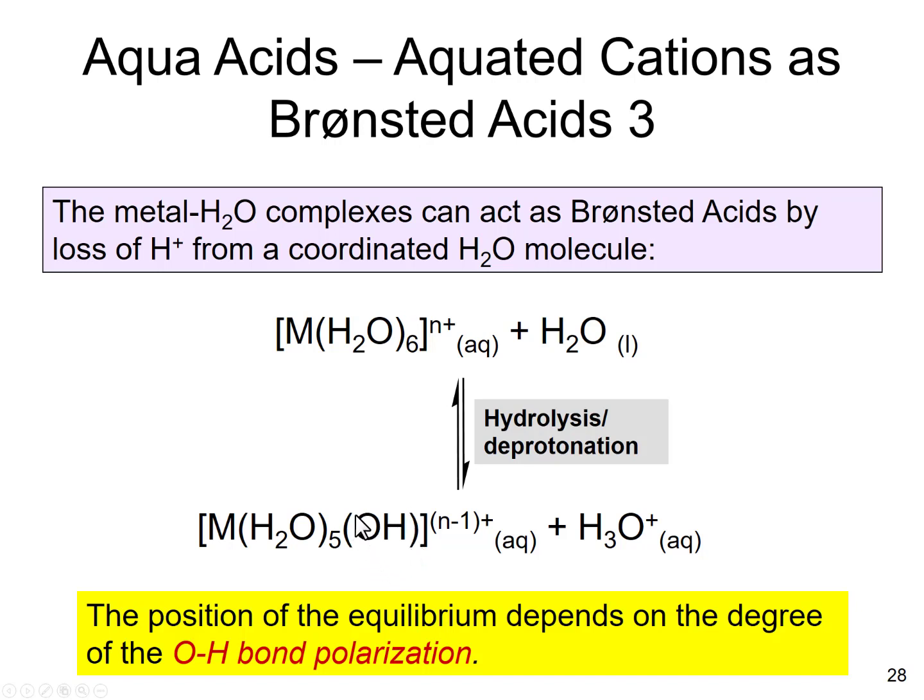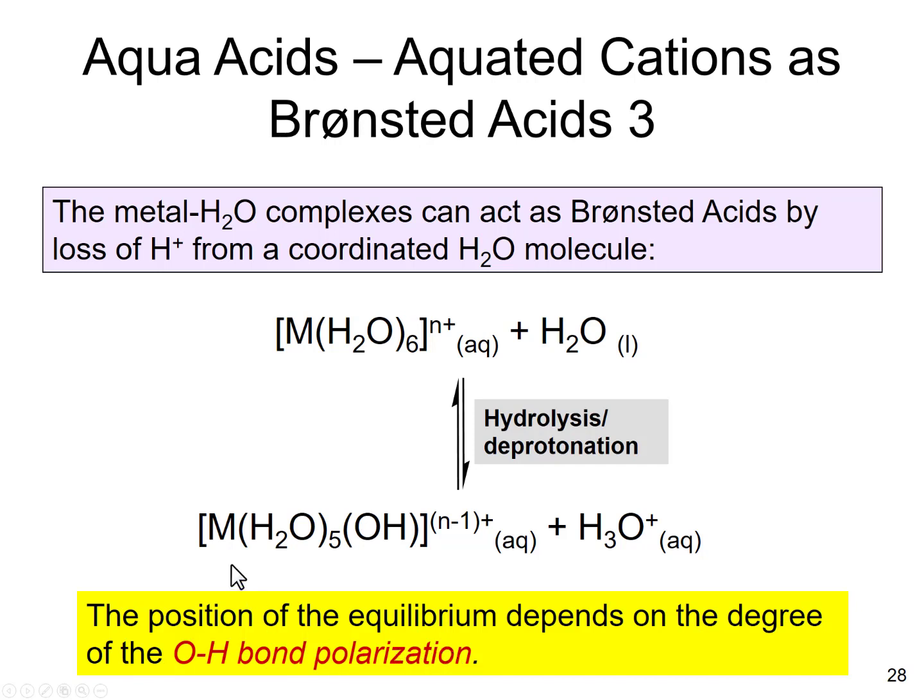And because you have converted essentially a neutral water molecule into a negatively charged hydroxide ion, obviously the overall charge of this species indicated in square brackets is changing. So the positive charge is reduced by 1 upon deprotonation of one bound water molecule. So the position of this equilibrium depends on the degree of the OH bond polarization, which in turn depends on the charge of the metal ion.